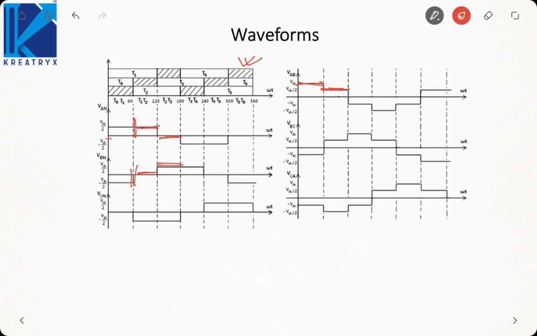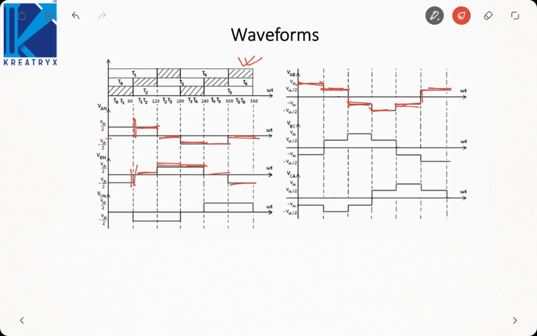Difference is minus VDC by 2. 180 to 240, minus VDC by 2 plus VDC by 2. Difference is minus VDC. Then 240 to 300, minus VDC by 2, 0. So it is minus VDC by 2. Then 300 to 360, it is 0 minus VDC by 2, so it will be plus VDC by 2.